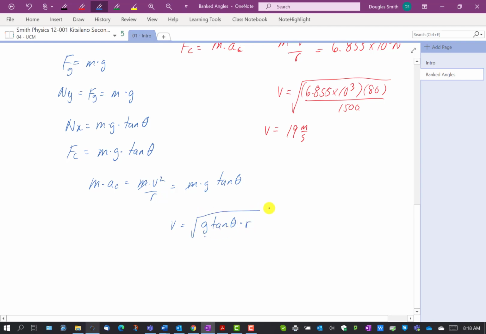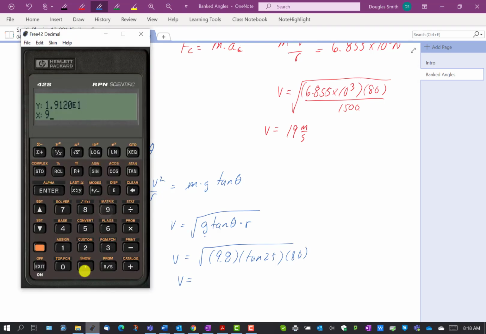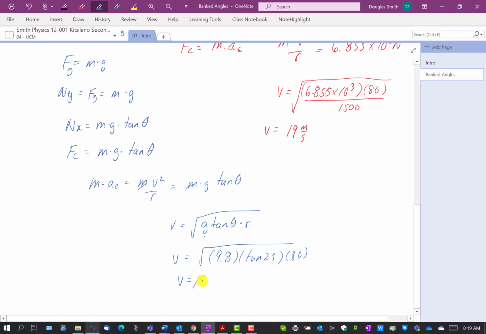I'll just double check that works. So it's 9.8 times tan 25 times 80, square root, and let's just hope we get 19. Works. There you go.